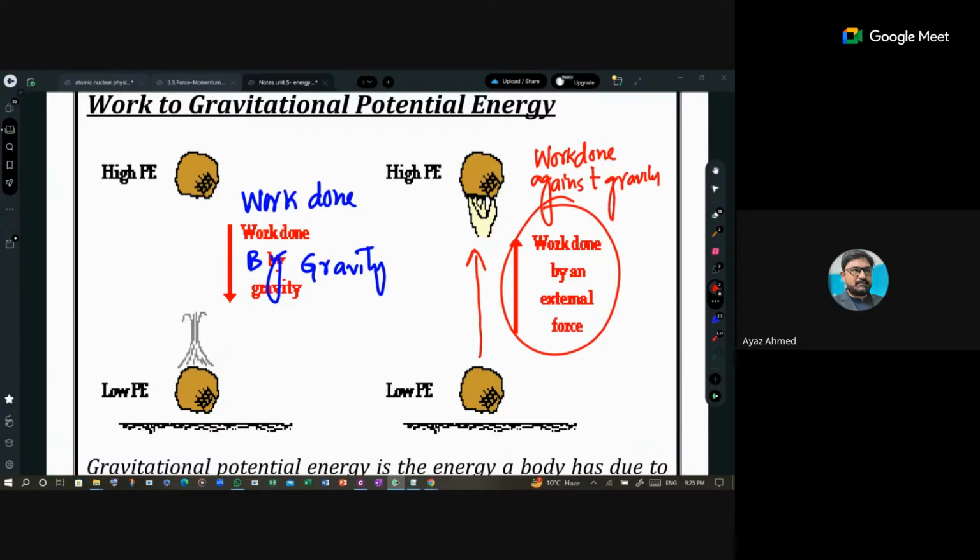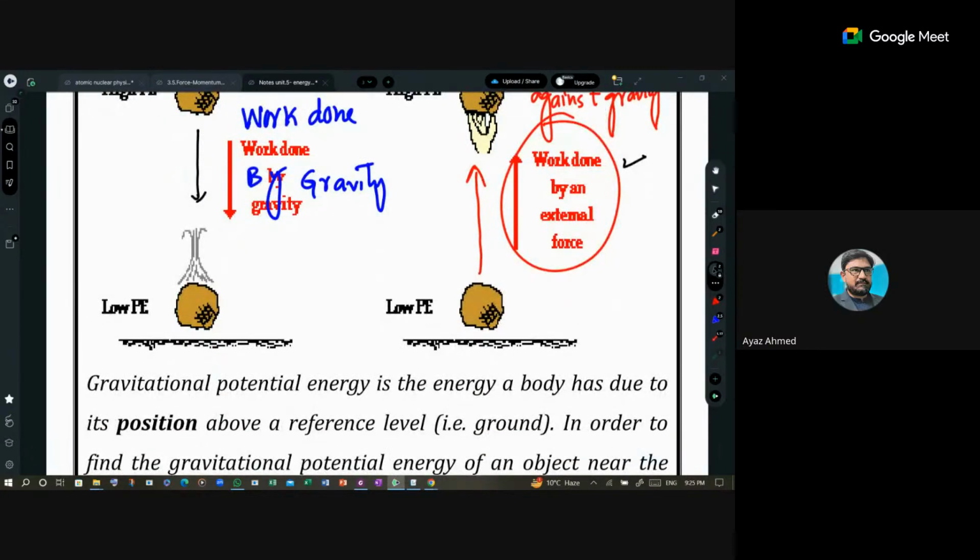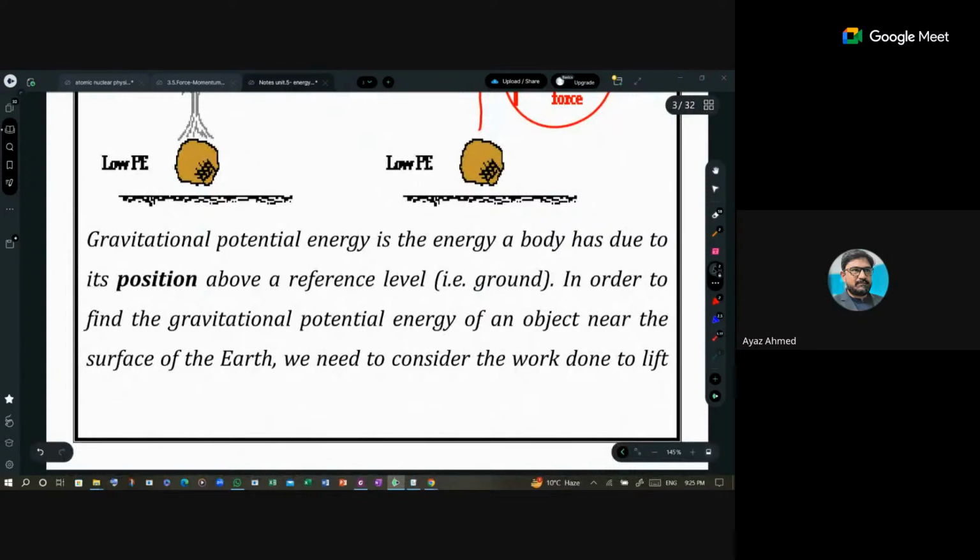So here, when you do some work against gravity, or work is done by gravity, in both of these cases gravitational potential energy is possessed by the body.